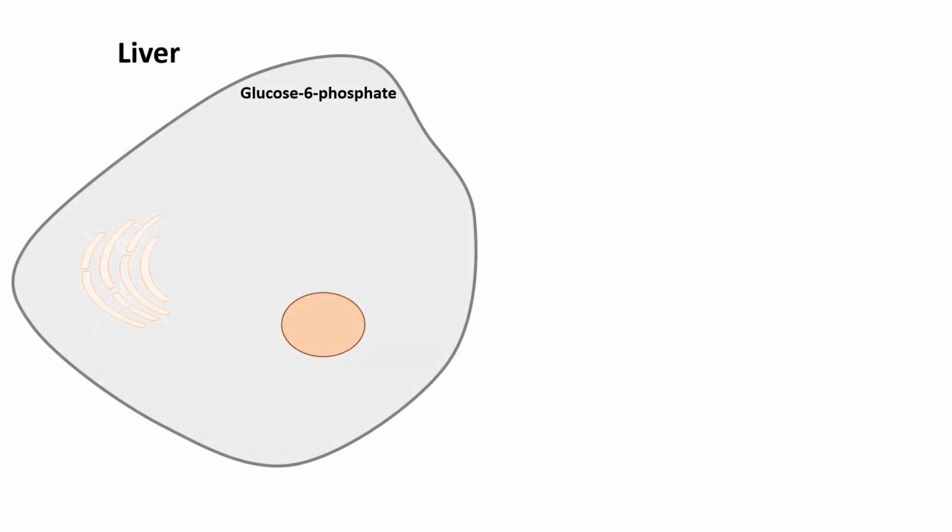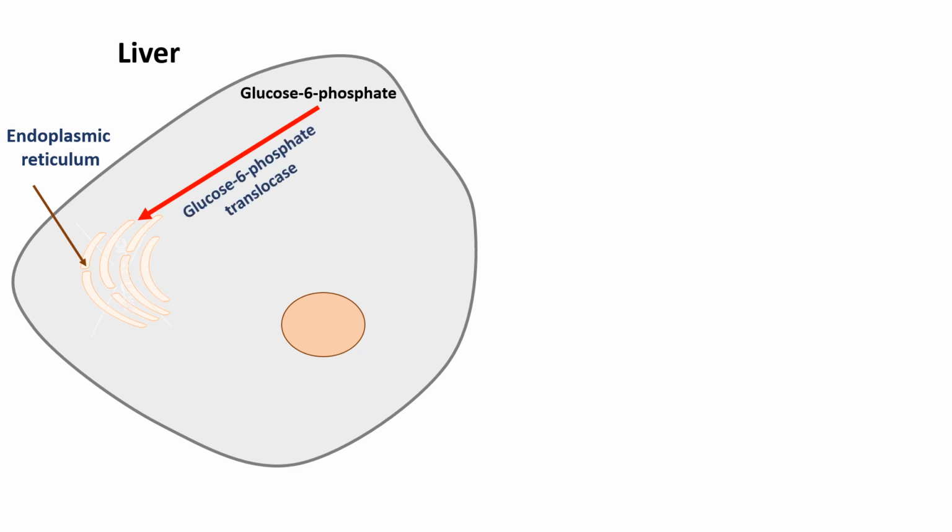Now the glucose 6-phosphate produced by the breakdown of glycogen in the liver cells, hepatocytes, this compound will be moved to the endoplasmic reticulum, and this movement will be supported by the action of a glucose 6-phosphate translocase enzyme. فهذا الإنزيم راح ينقل الجلوكوز 6-phosphate من السيتوبلازم إلى داخل الانتوبلازميك reticulum.